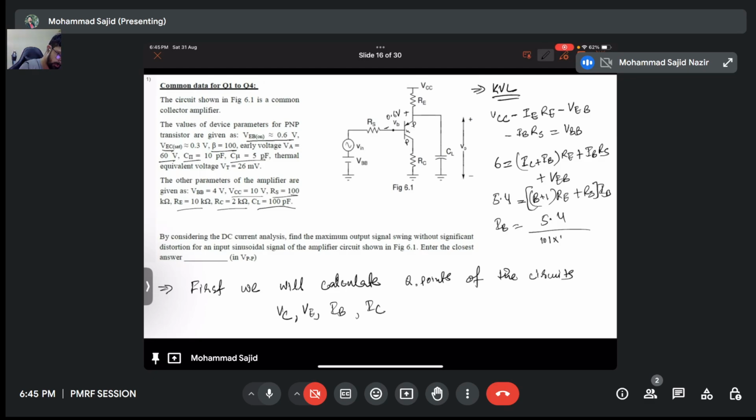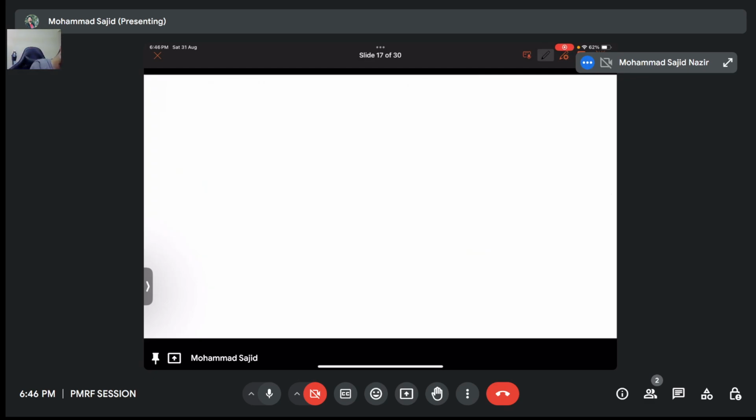RE is 10 kilo ohm plus RS is 100 kilo ohm. If you calculate it, IB comes out to be approximately 5. So now I have IB of 5 microampere.